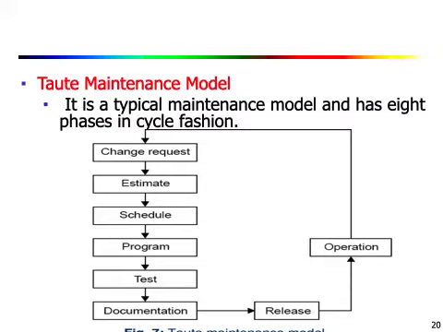And once you find some changes are required, you propose another change request, estimate, schedule, program, test, document, and this goes in a cyclic fashion. That is the Taute maintenance model.